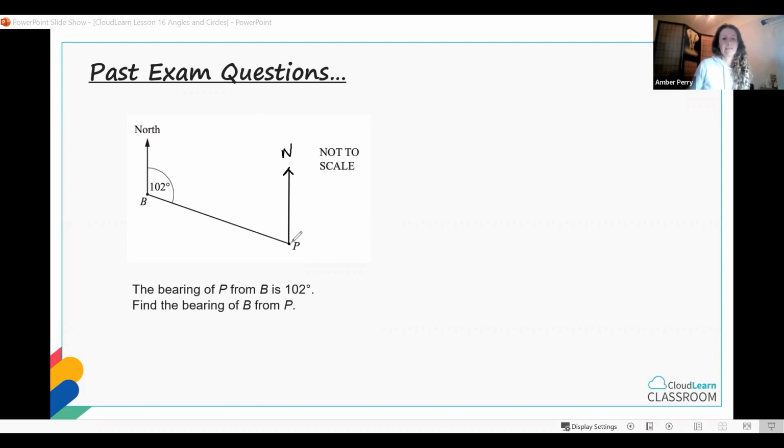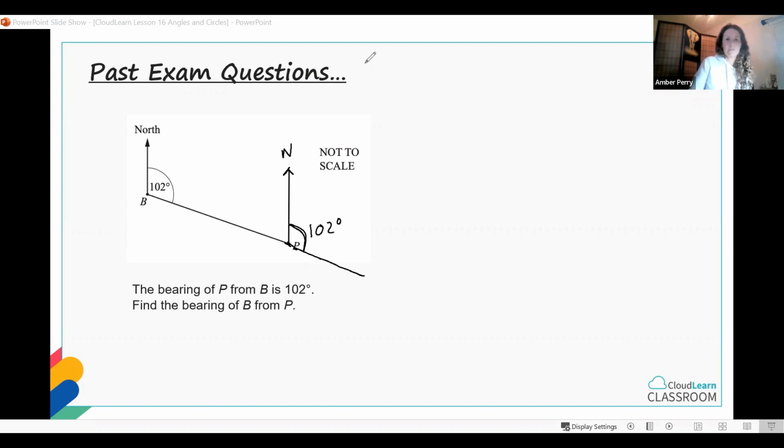They are parallel lines. They are both facing north. They must both be parallel. That is really useful information, because we can use our angles on parallel lines to find these missing angles. So I can instantly say, by corresponding angles, that this and this must be the same. They must be 102.